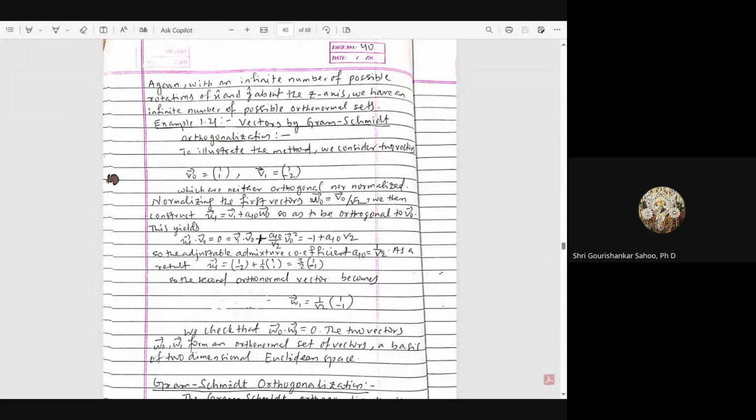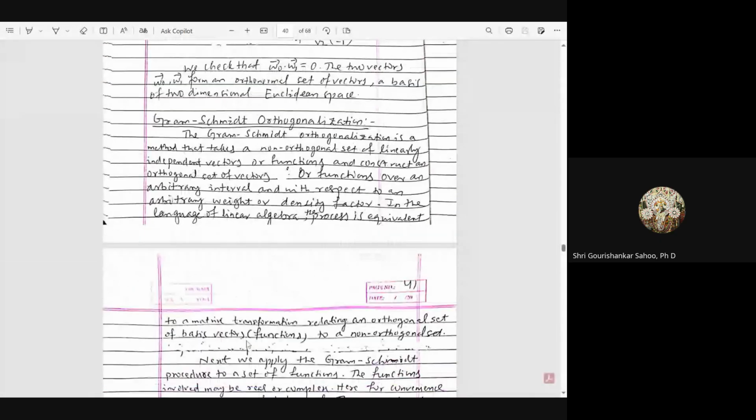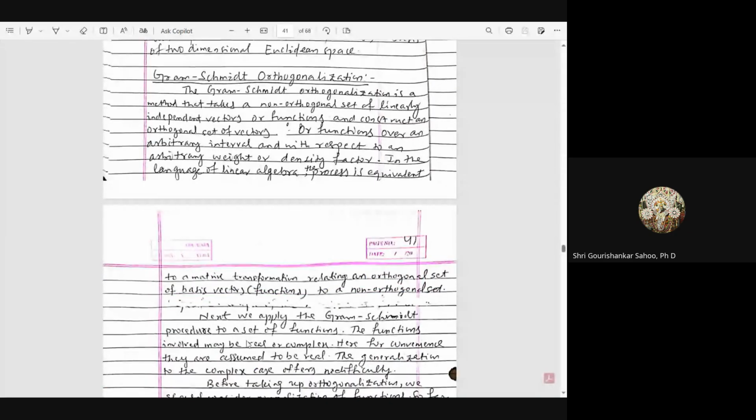Am I clear? Okay, sir. Thank you, sir. This is a counseling class, I think, so it will obviously be fast. So you can go through your course material, Mathematical Physics 2, Block 2, and you will realize. And before each class, you can have an overlook over the material, so that you will better understand. Okay. Manoj ji? Yes, sir. Okay, thank you.